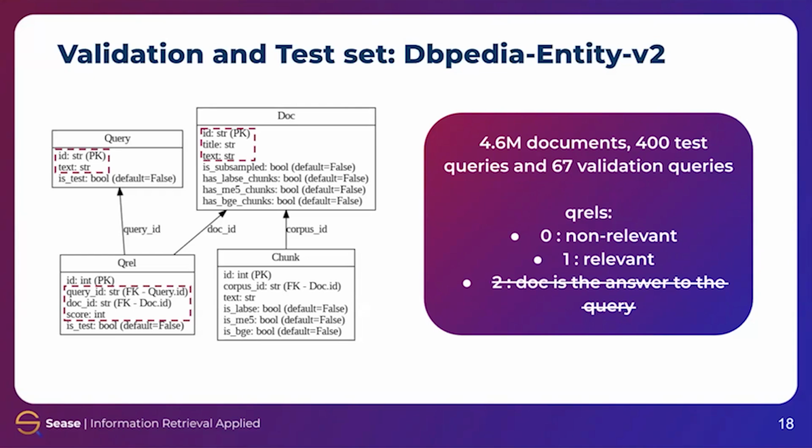I highlighted in the tables what was the original data inside the dataset, and all the other data were added by me, but I need to draw your attention to some of this. For example, there is a subsample inside the document set because, as an implementation choice by the company, they said to me, okay, you cannot use 4.6 million documents and embed all of them because it's too expensive.